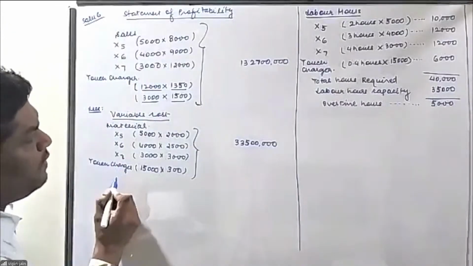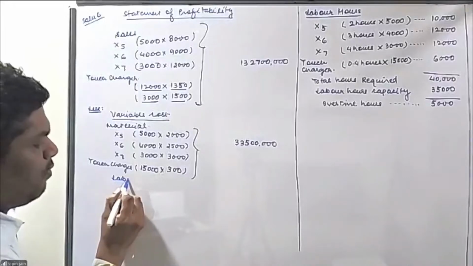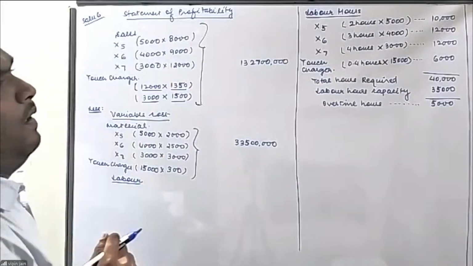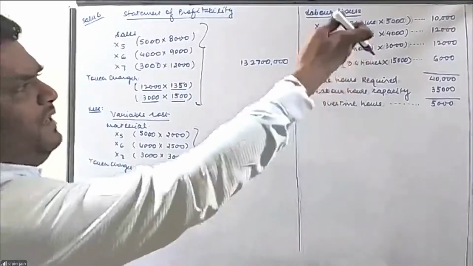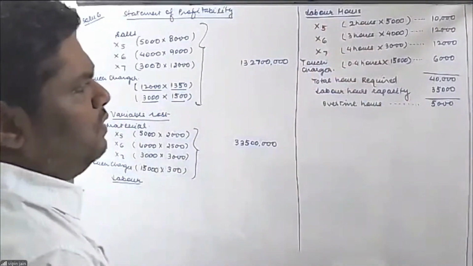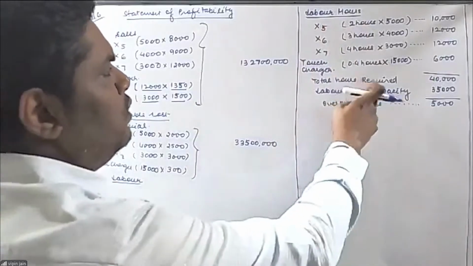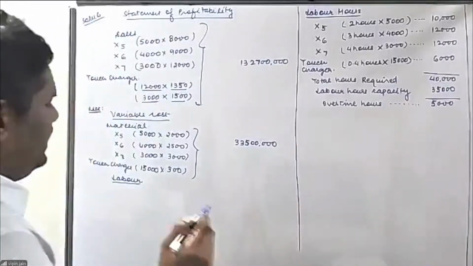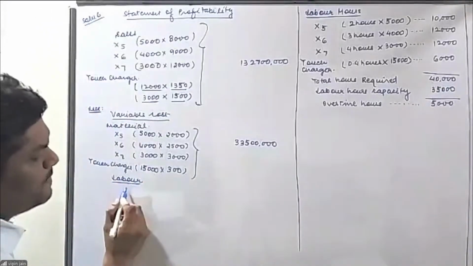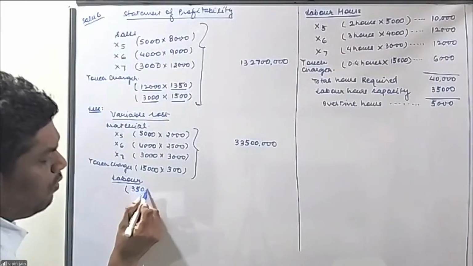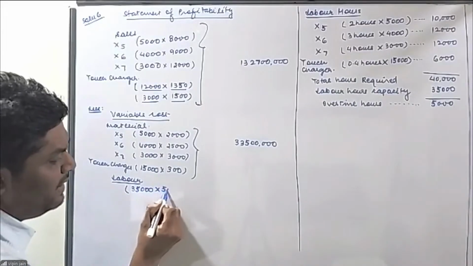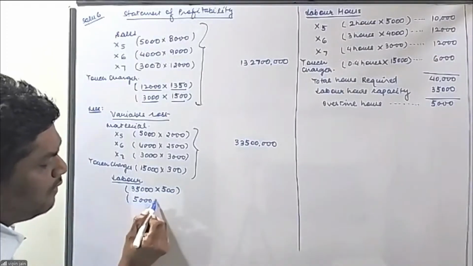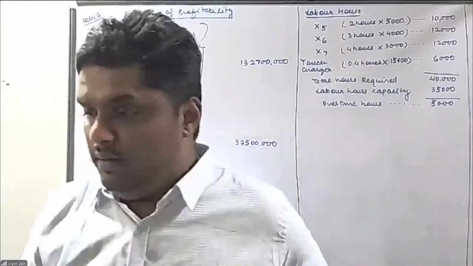Next, we'll start with labor cost. So, we have labor hours. We can directly multiply it with my labor hours also. So, see, my total capacity is 35,000 labor hours and 5,000 are overtime. 35,000 are paid at the rate 500 per hour and remaining 5,000 hours we are paying double the rate, I think.